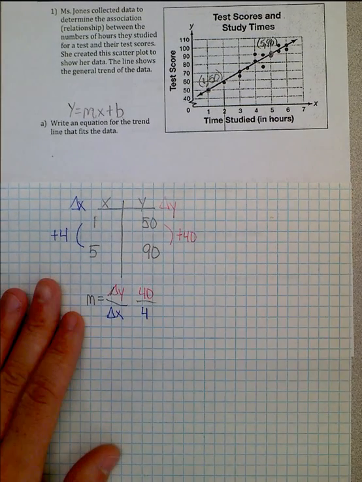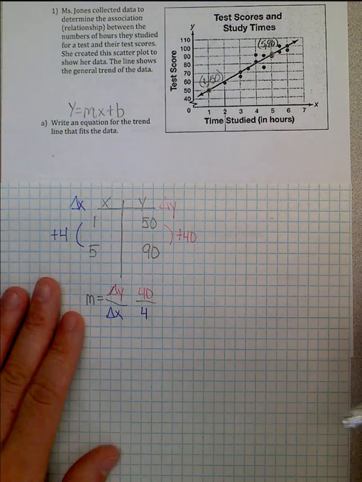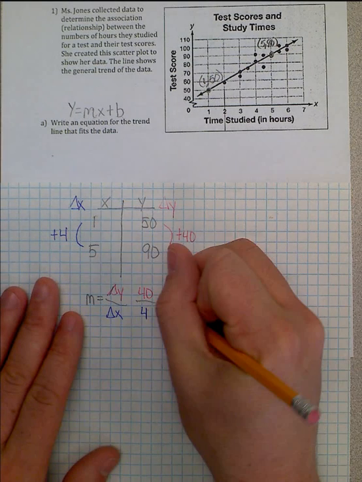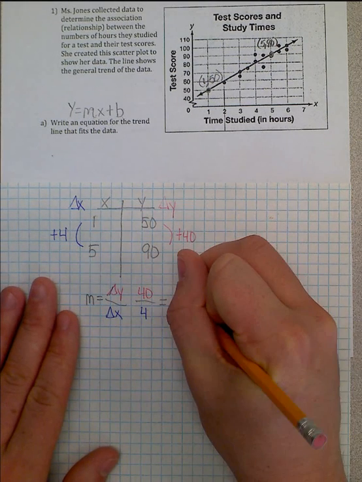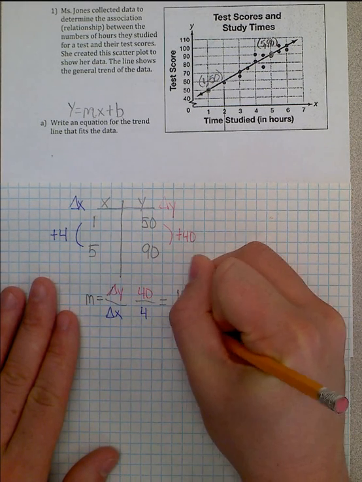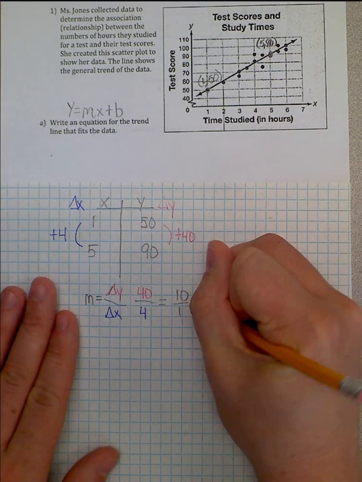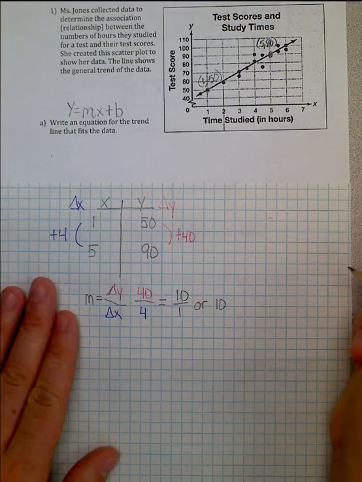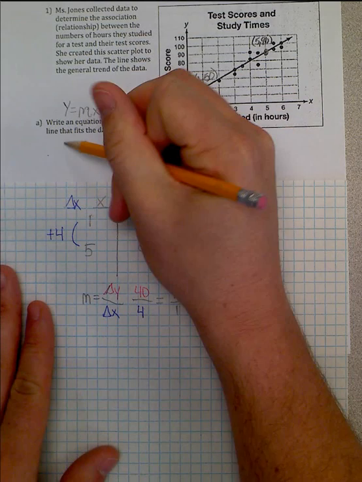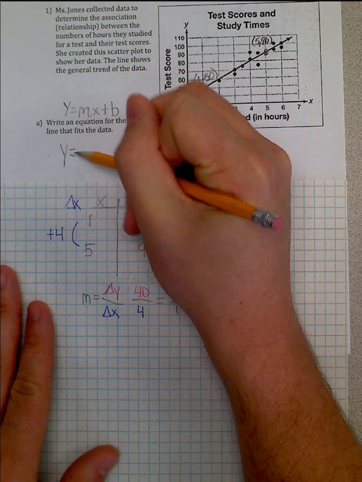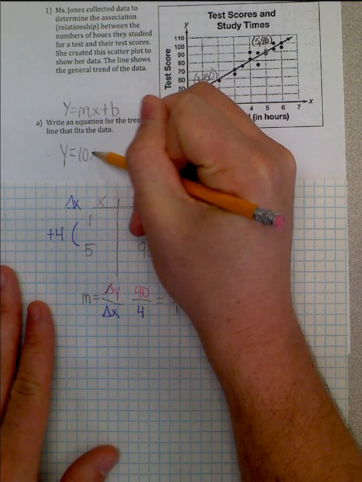And I can do one last thing to that. I notice that these are both multiples of 4, so I can simplify and make that 10 over 1, or just 10. And I can fill in part of my equation already. Y equals 10x plus something.